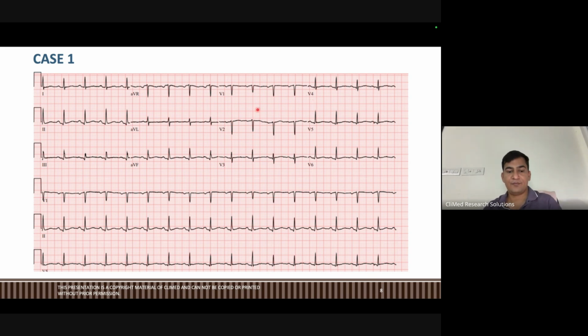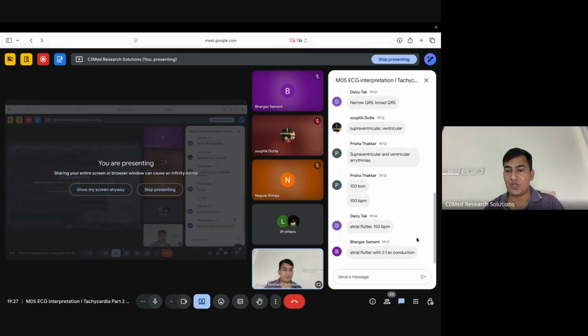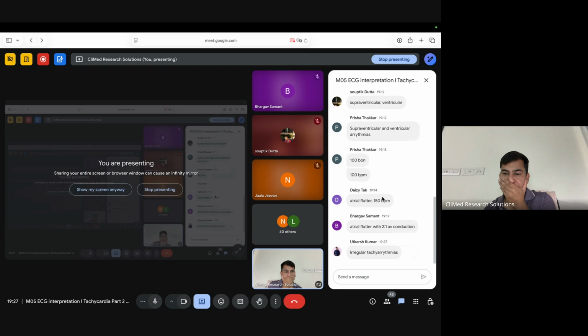Atrial flutter with 2 into 1 AV conduction. Irregular tachyarrhythmias.